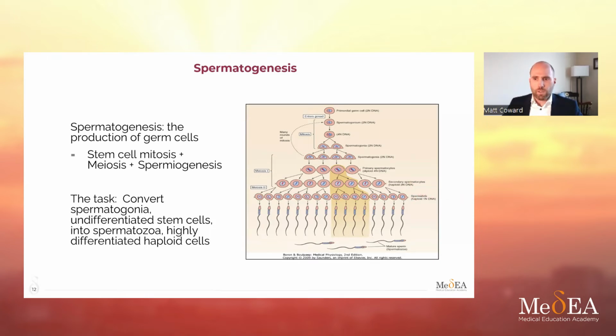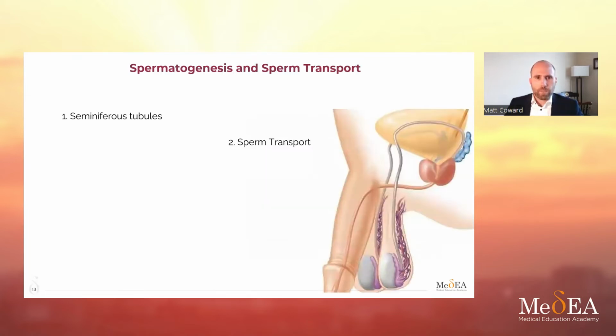From there, the spermatids mature into spermatozoa. So overall, the task here for spermatogenesis is to convert spermatogonia, which are undifferentiated stem cells, into spermatozoa, which are highly differentiated haploid cells.